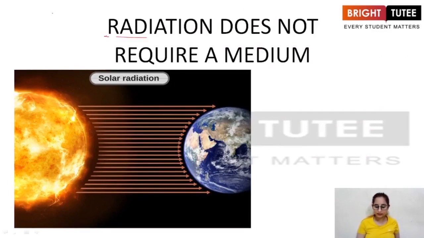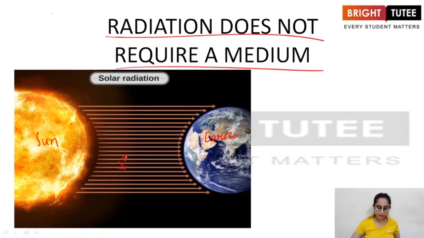The radiation does not require a medium, and we are going to prove this with this fact. This is the sun, and this is our planet Earth. Now there is vacuum in between them. There is no medium, but the sun produces heat radiations, which we call solar radiations. The radiations from the sun travel towards the earth without any medium and they are not in contact.